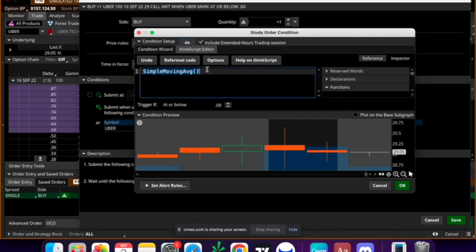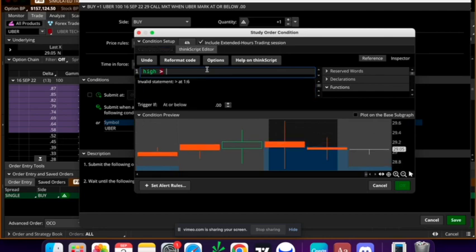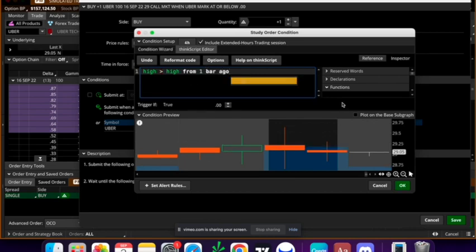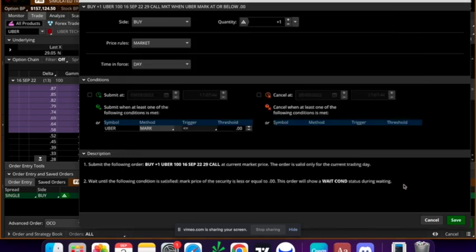So you would change this to the high is greater than the high from 1 bar ago, and that's it. And you click OK.